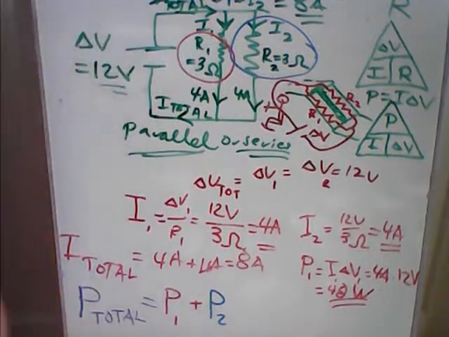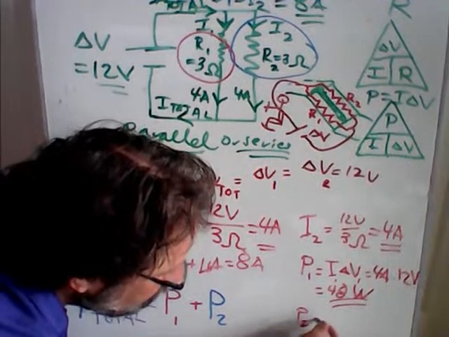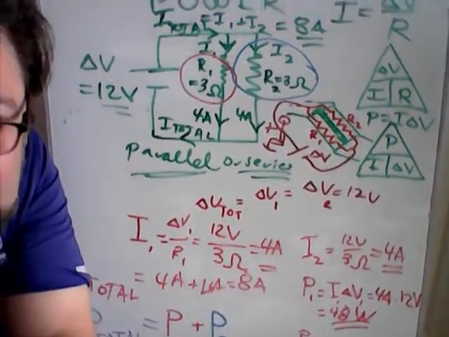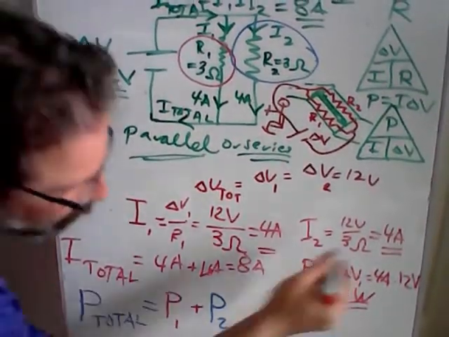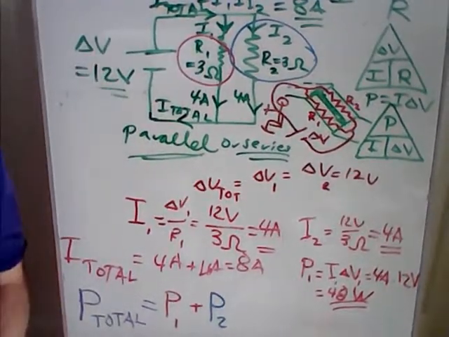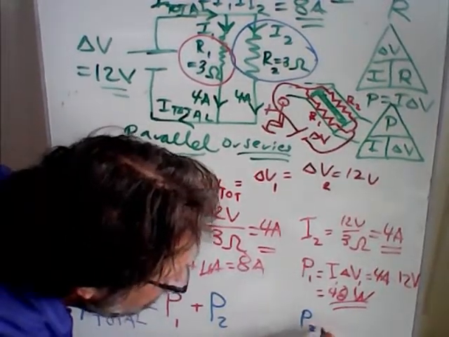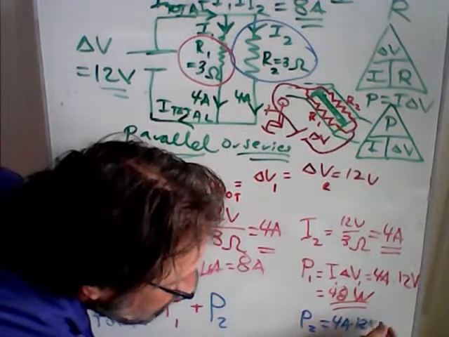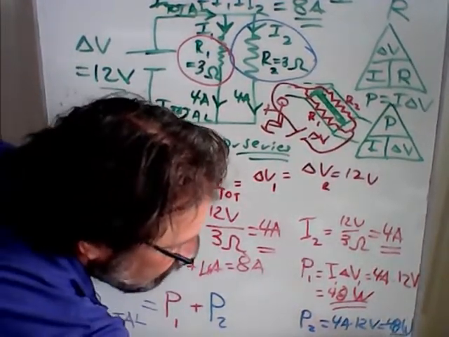And of course, the same kind of calculation would also be writable for P2. And again, for P2, in this case, it happens to be the same amount. Everything is the same. So we can say, well, it's 4 amps times 12 volts. Oh, shoot, we should do this in blue. My whole point with the color mixing was to make this now happen in blue. So there we go. We have here 4 amperes times 12 volts equals 48 watts.